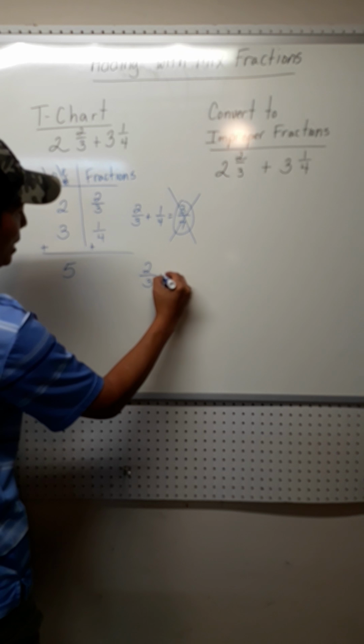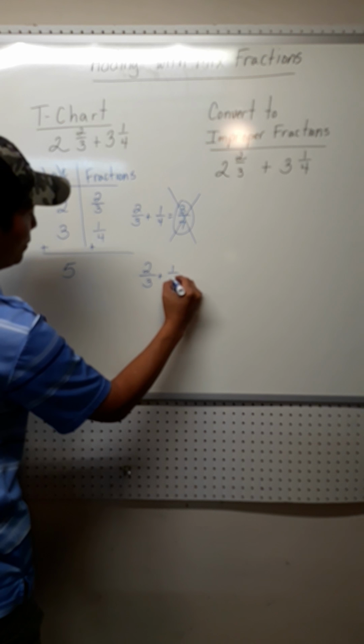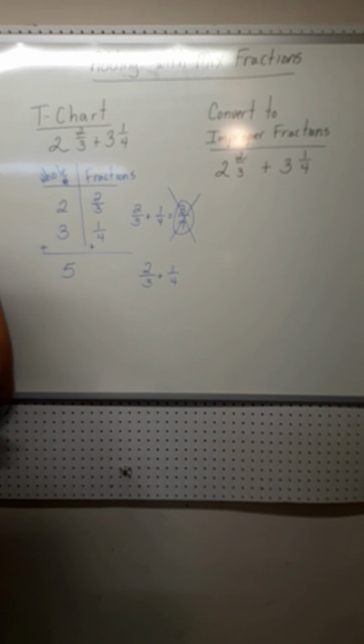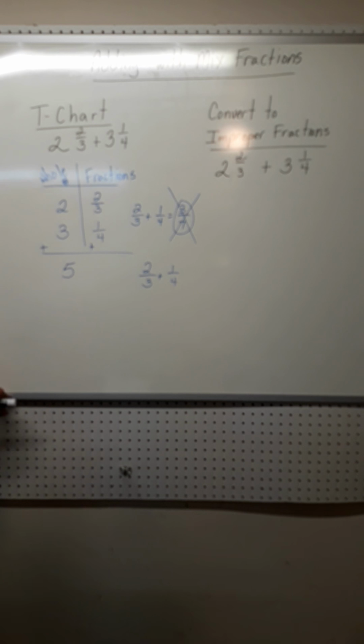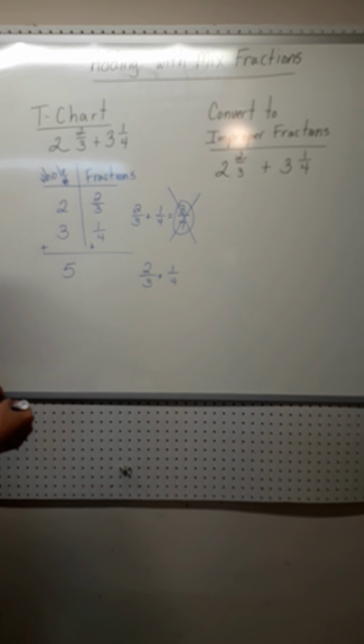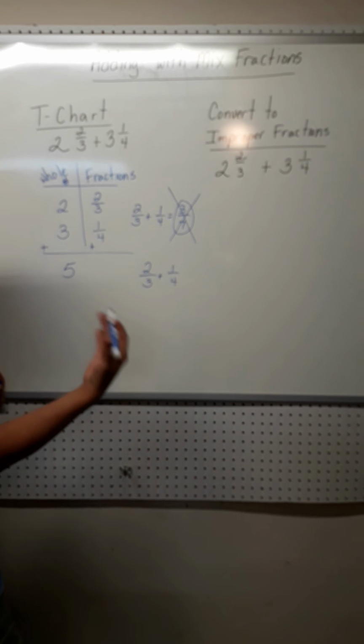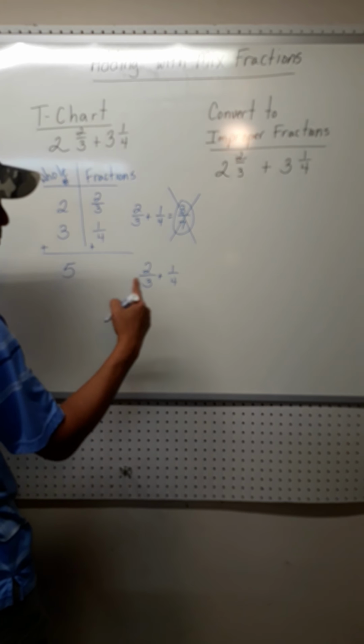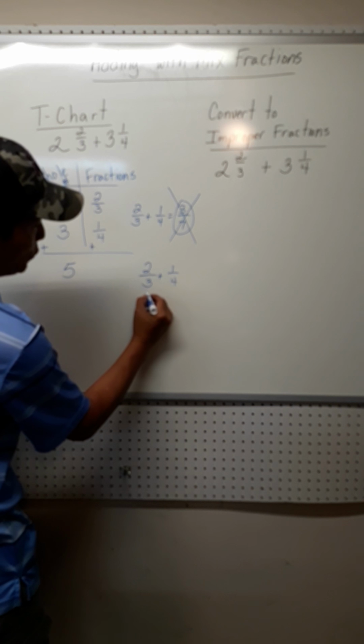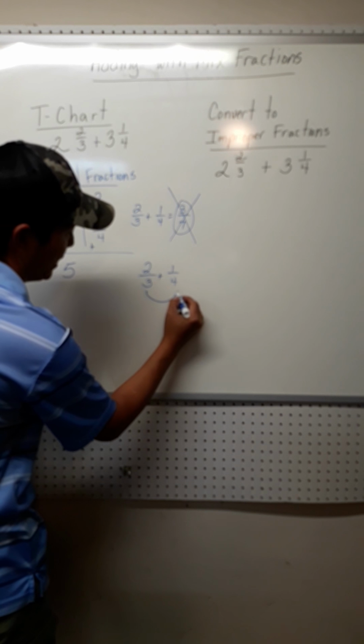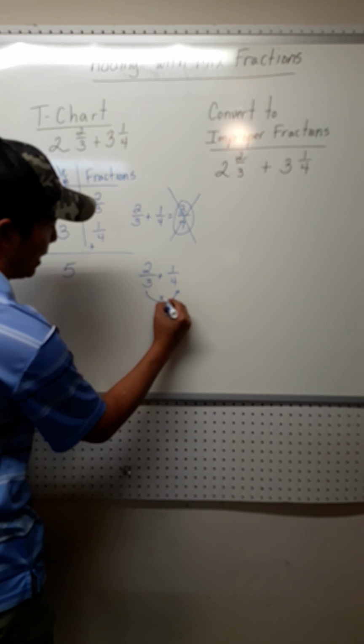So what I tell the kids is set it up horizontally, 2/3 plus 1/4. There are a lot of different ways to do this, but the easiest way I tell the students is to do the swing method, so it comes with a story. I'm taking this 3 and bringing it into the swing set, times 3.